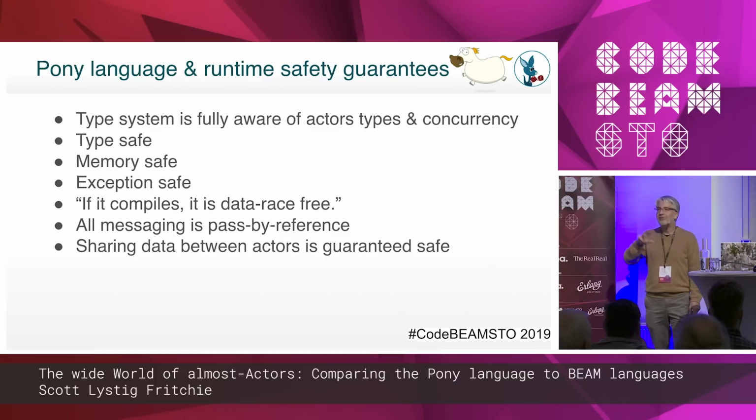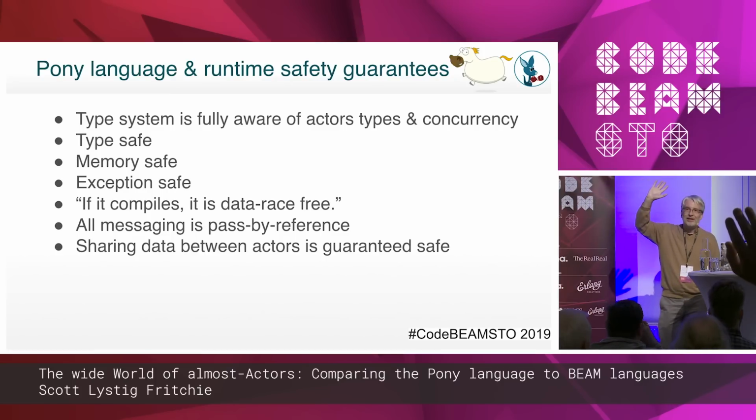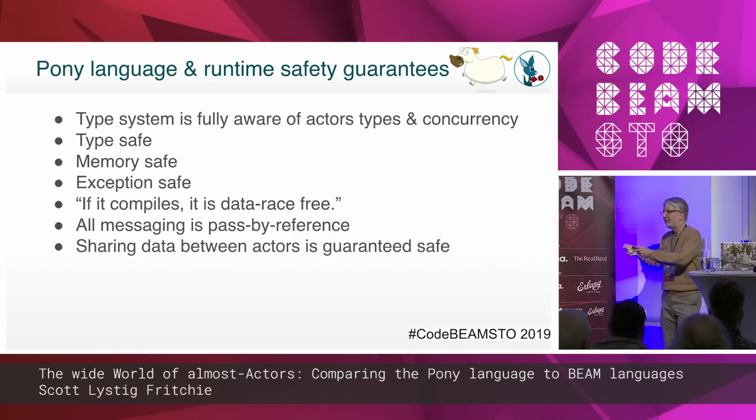But has anyone heard of the Erjang project, which compiles Beam bytecode into Java classes and then runs them directly in the JVM? And in Erjang, sending messages is done also by pass by reference. And in certain microbenchmarks, it just blows the doors off of Beam because there is no expense of copying this data to the receiver.